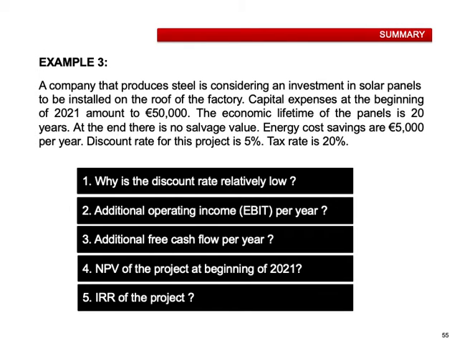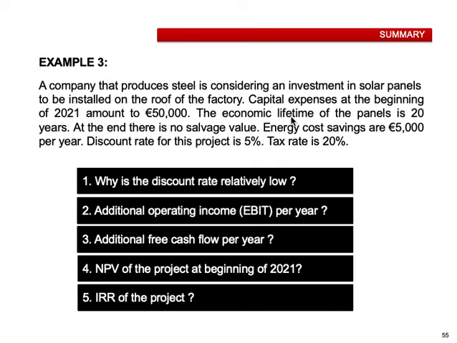Let's have a look at example number 3. The case is about a company that produces steel and it is considering an investment in solar panels. The capital expenses at the beginning of 2021 amount to 50,000 euros. So this is the initial investment at 2021.